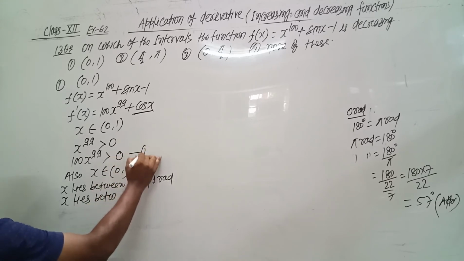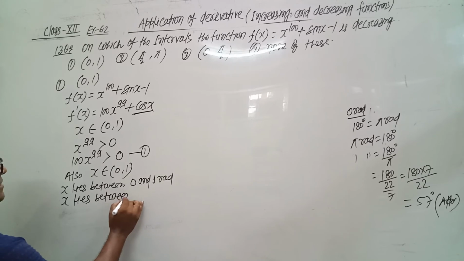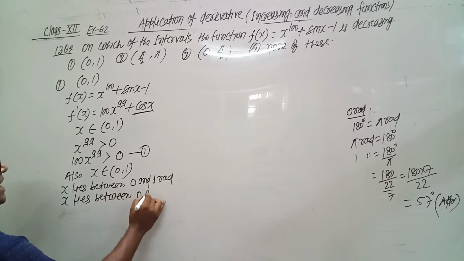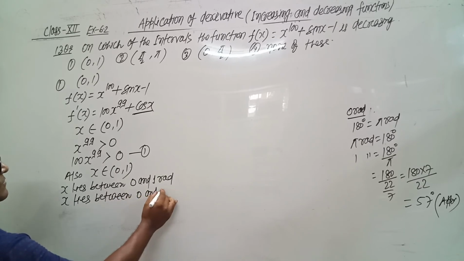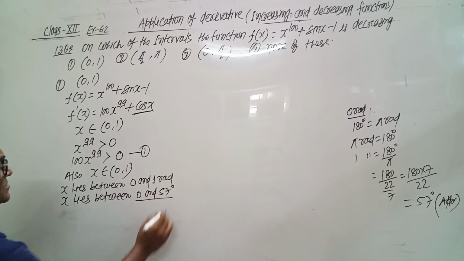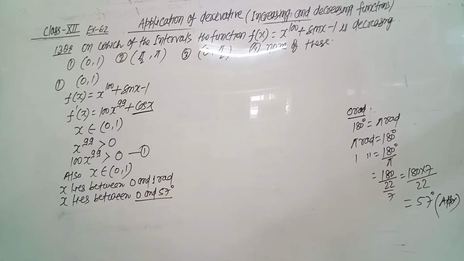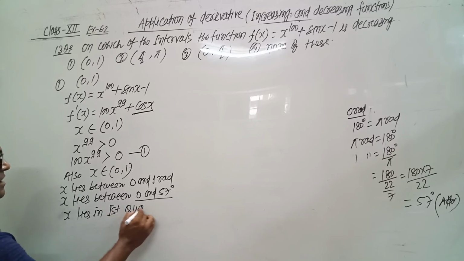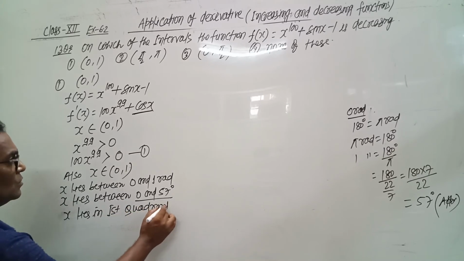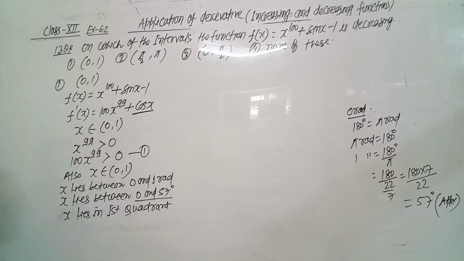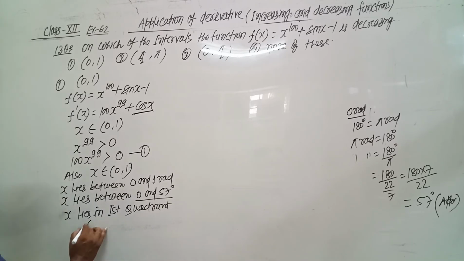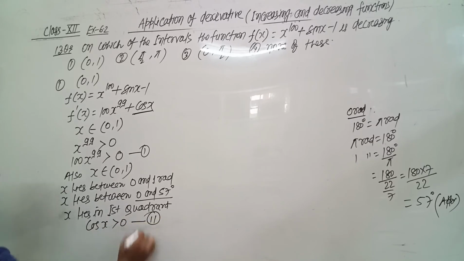Name it the first equation. 0 and 57 degree means first quadrant, so x lies in the first quadrant, and we know that in the first quadrant the value of cos x is greater than 0.